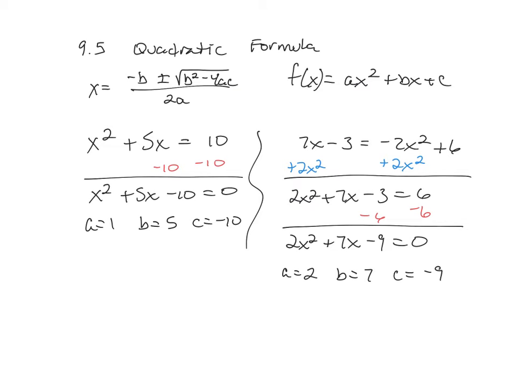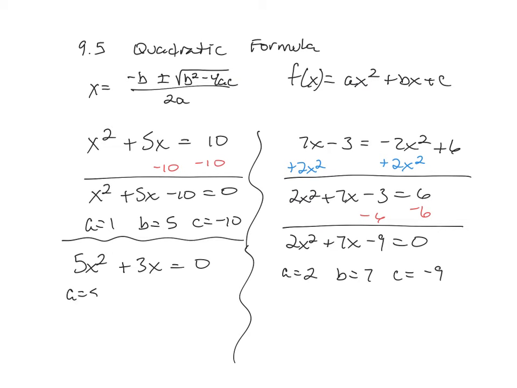Okay, so your first 6 problems, that's all you're doing. Get it in standard form. And if one of the pieces isn't there, so let's say you had something like that.